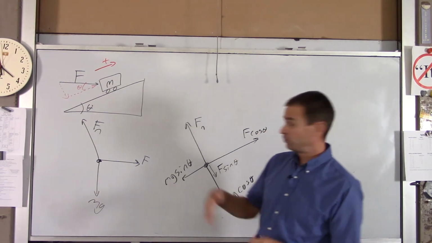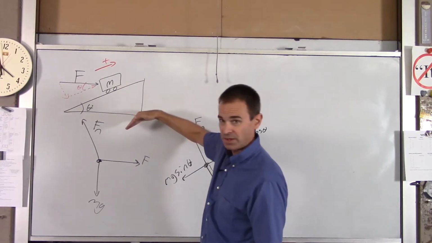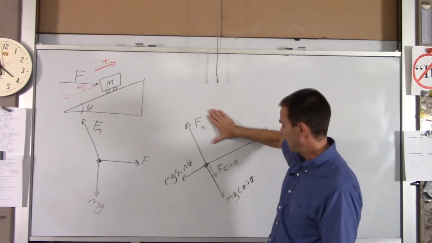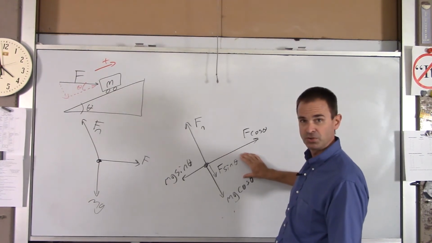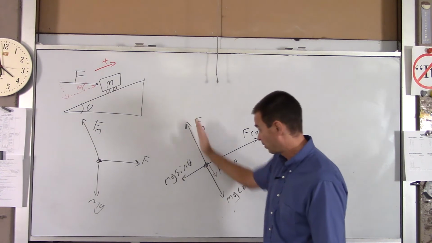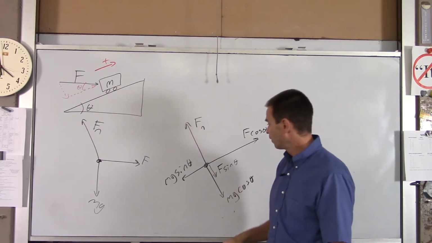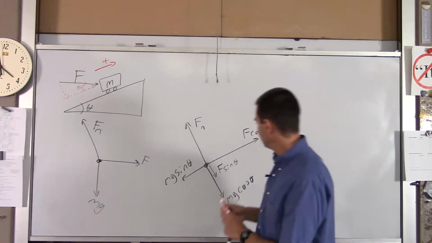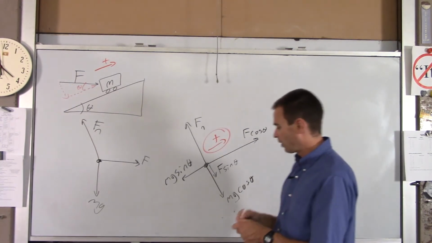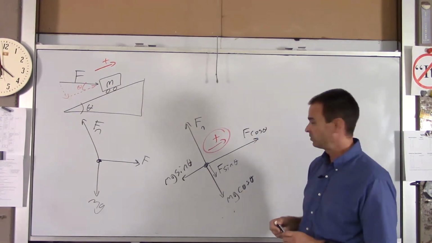Now, assuming the cart's not crashing through the incline or jumping off the incline, this force has to equal the addition of these two, because the net force in this direction is 0 because there is no acceleration in that direction. So the only direction I have to look at is the direction that's parallel to the incline, and I'm going to call up positive. Again, I'm assuming it's going to accelerate up.